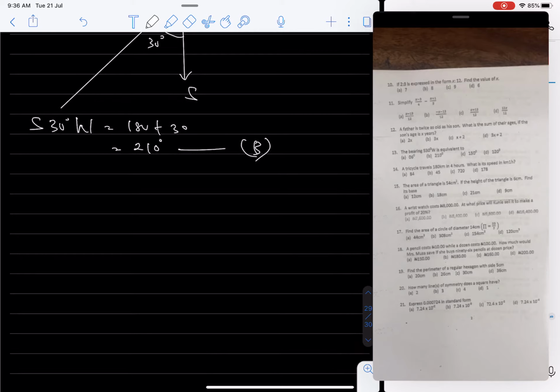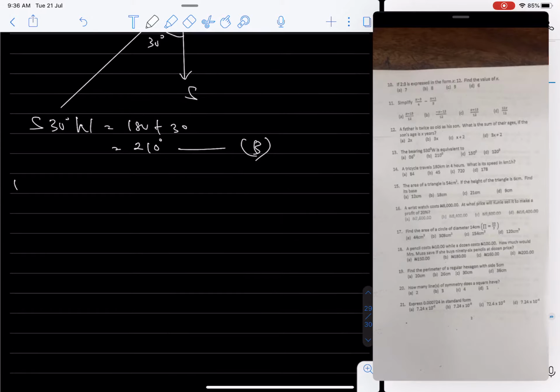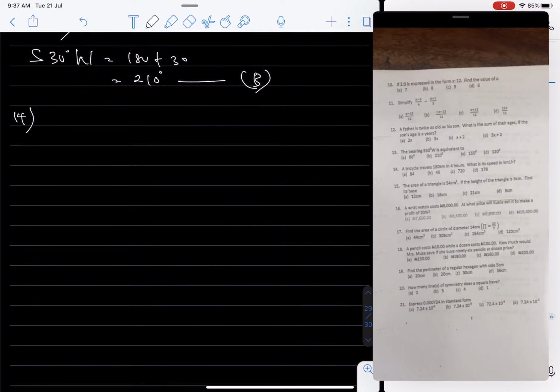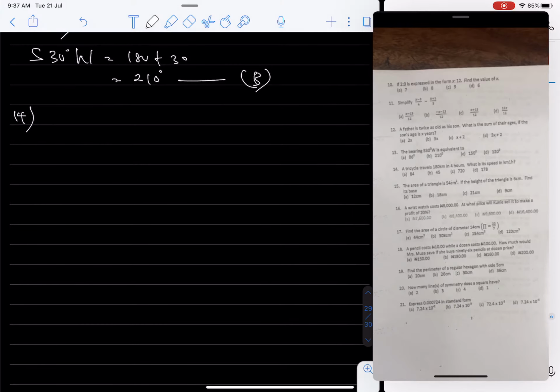So we move on to number 14 very quickly. Number 14 says a tricycle travels 180 kilometers in 4 hours. What is its speed? Distance equals 180 kilometers and time equals 4 hours.